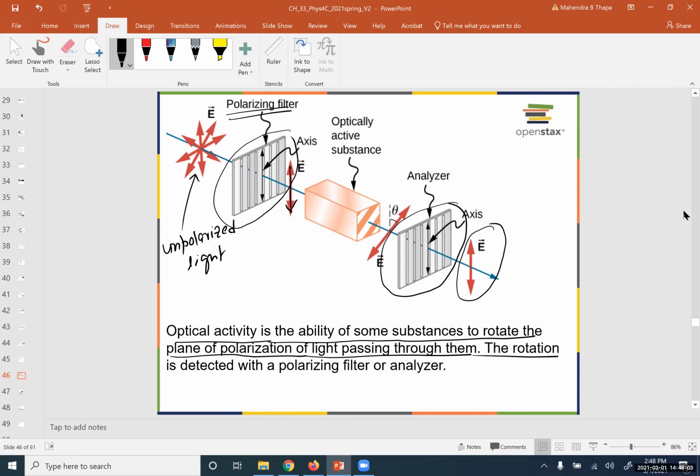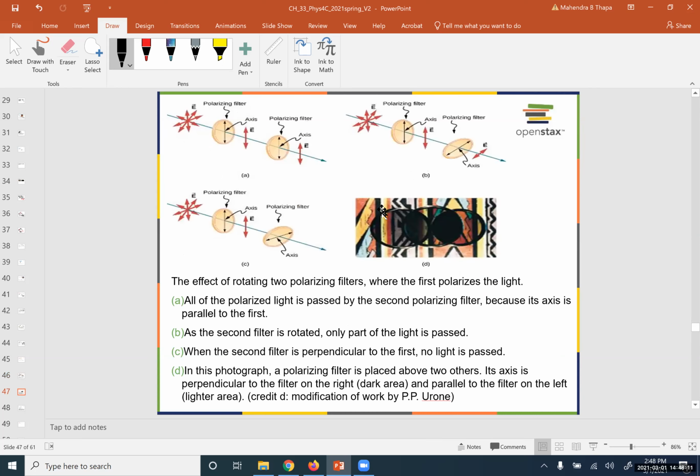The rotation is detected through the polarizing filter, the analyzer. In the first scenario, the polarizer and analyzer, both filters, are parallel.